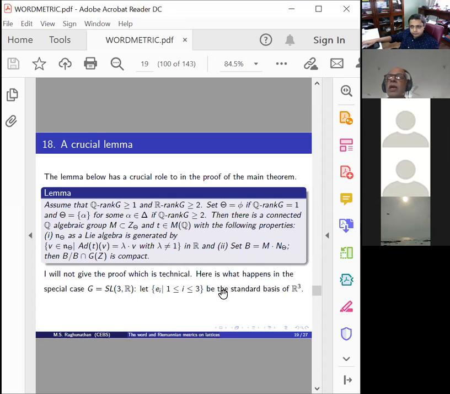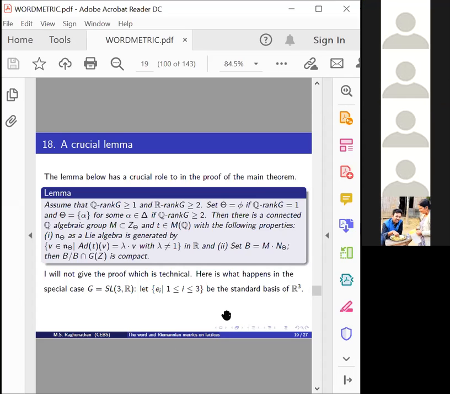In the rank greater than 1 case, what happens is this: you have this unipotent radical of a parabolic group. It's also normalized by some other semisimple subgroup G beta, which is non-compact. I mean, G beta of rank 1, which is non-compact, which also normalizes this.